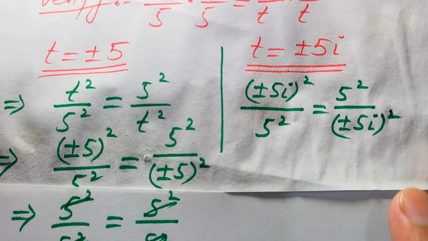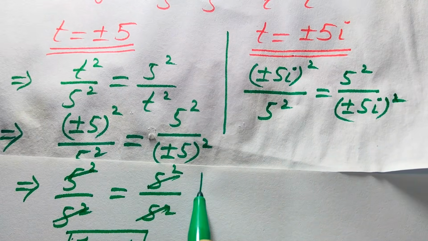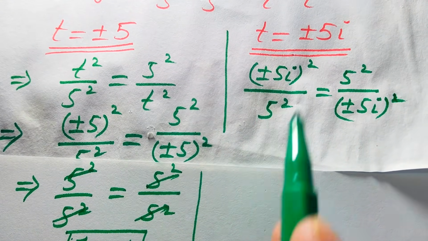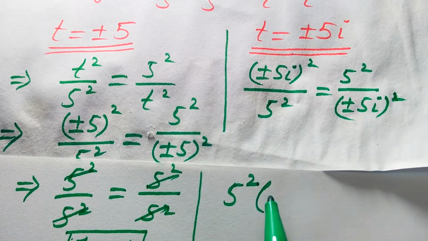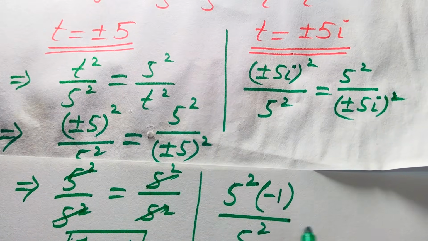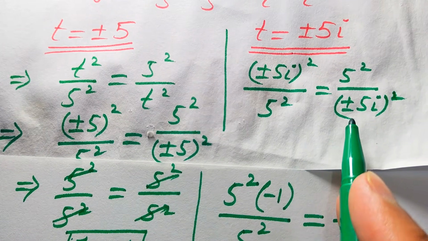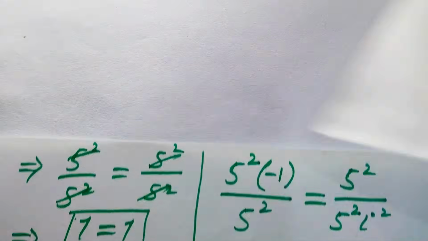And further in the next step we need more simplifications, and you see that the square of plus and minus becomes positive, and we have 5 square. This is iota square, and we know that iota square becomes minus 1, and it is divided by 5 square is equal to 5 square divided by, the square of plus and minus becomes plus, and we get 5 square, and this is our iota square.